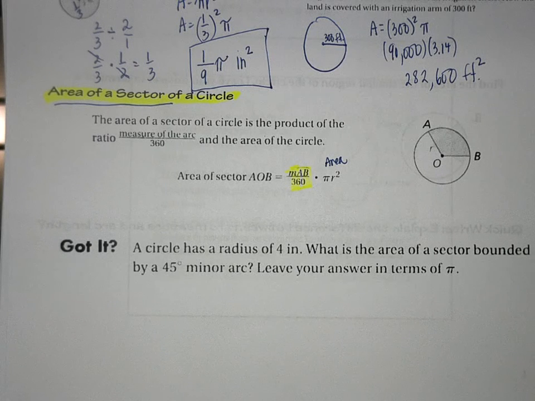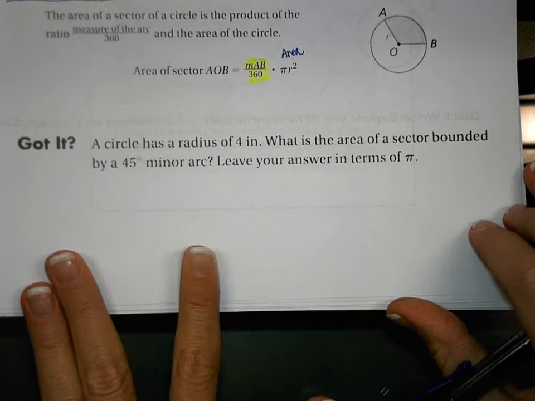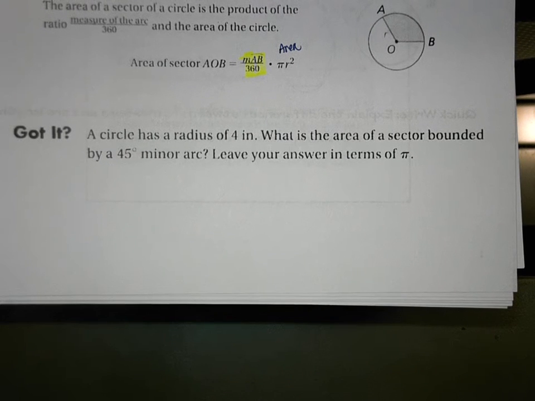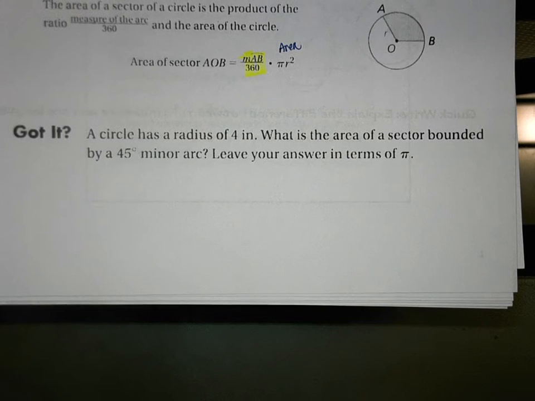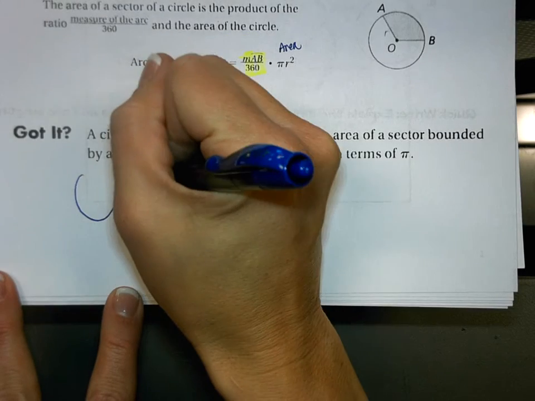All right. So this Got It problem says a circle has a radius of 4 inches. What is the area of a sector bounded by a 45-degree minor arc? Leave your answers in terms of pi. If you want to, we could draw a picture just so you can see what's going on.